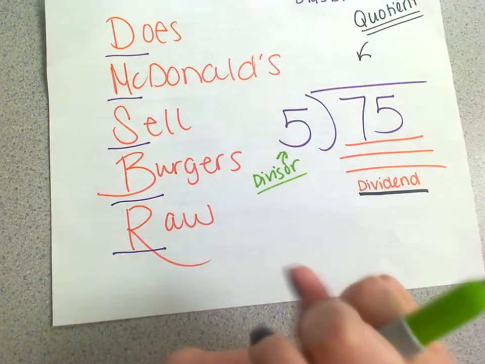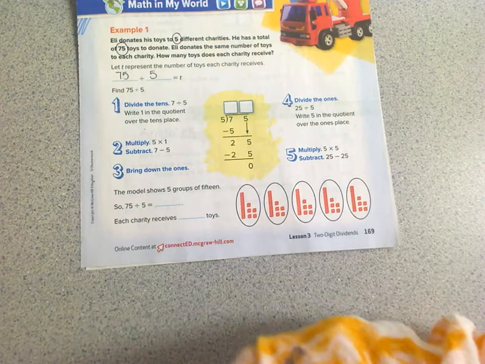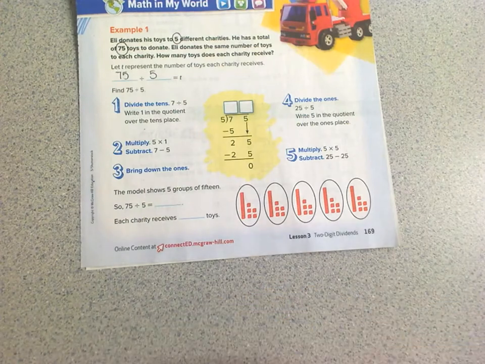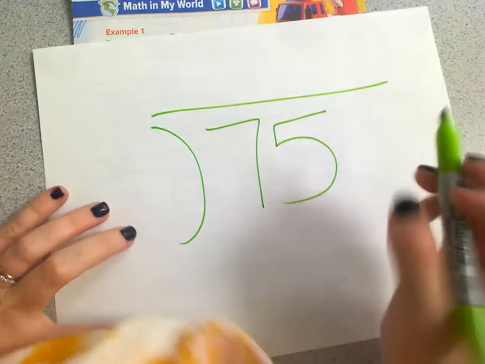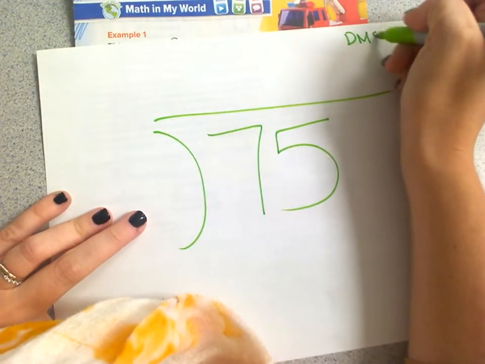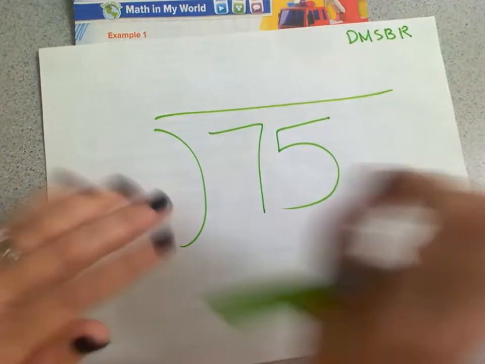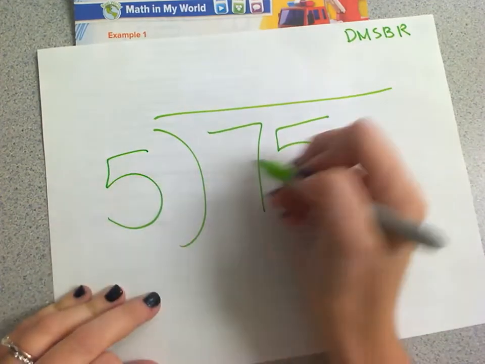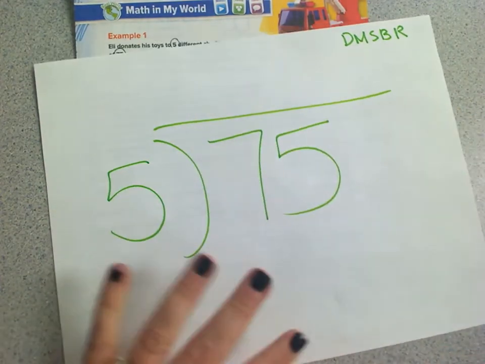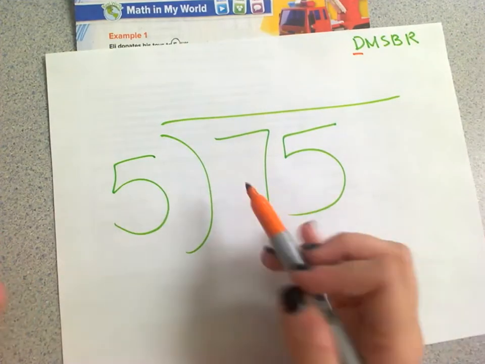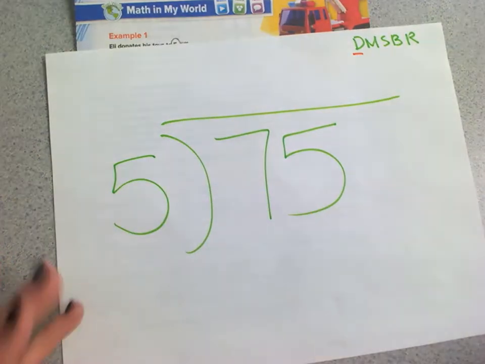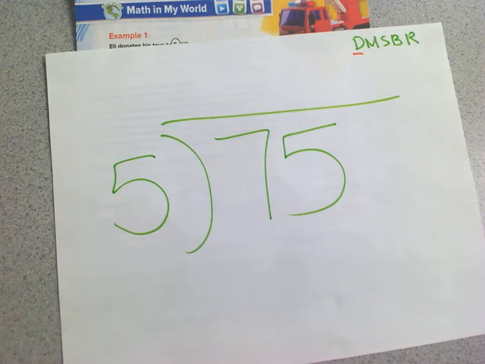I'm going to do this on a fresh, clean page. We ask ourselves, how many times can 5 go into 7? And this is the D part of it. So we start off by dividing 7 divided by 5.